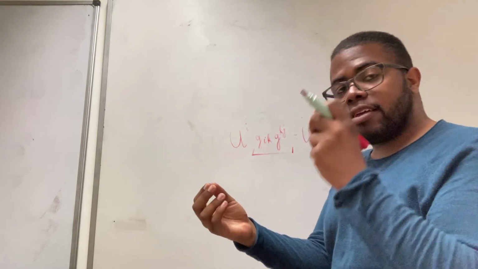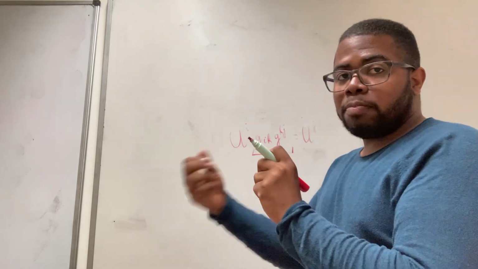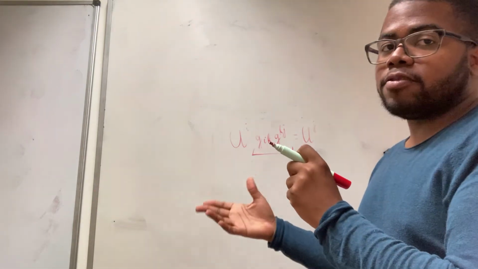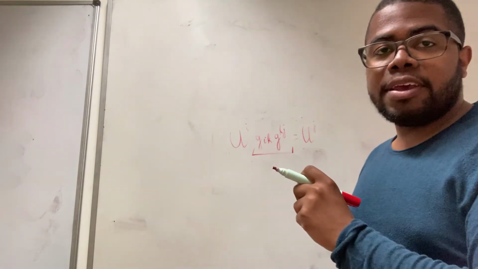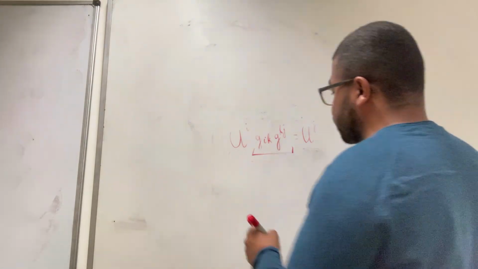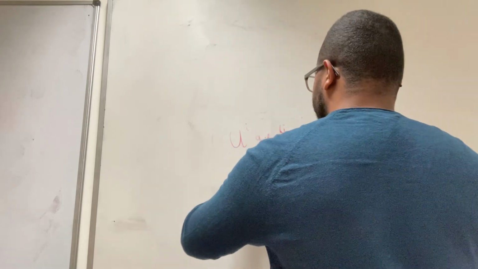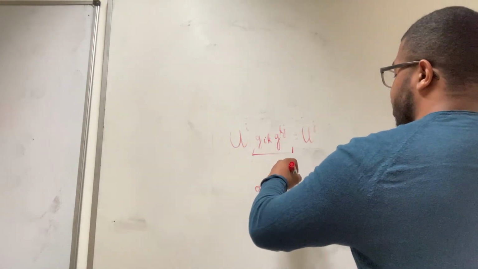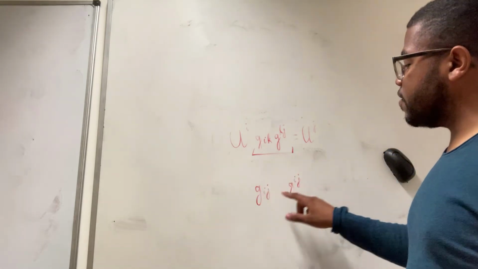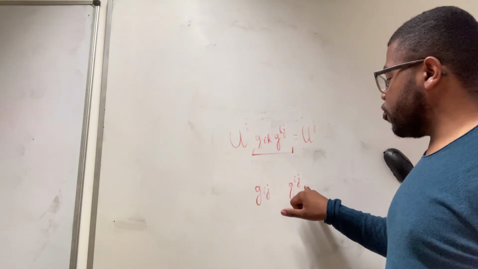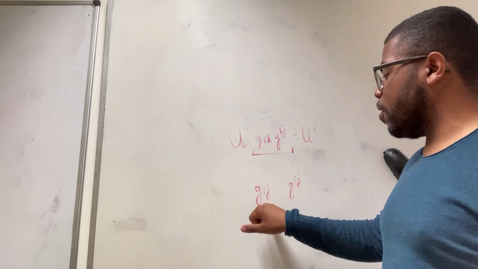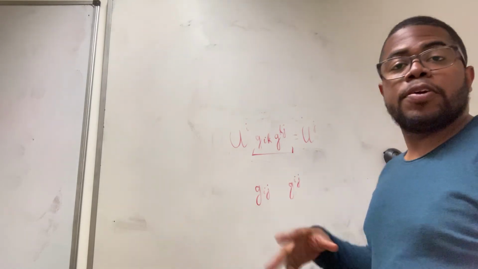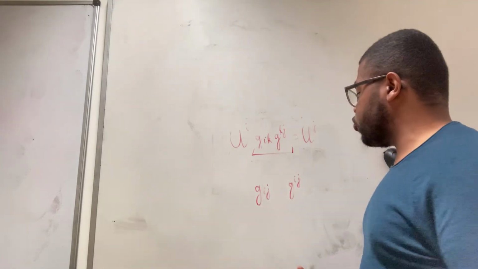So something that gets an object into it and spits out the same object, after matrix multiplication, should be an identity matrix. This tells us that if we have gij and we have the gij with an upper index instead of a lower index, this should be the inverse matrix of this gij, if we were to interpret it in terms of matrices.